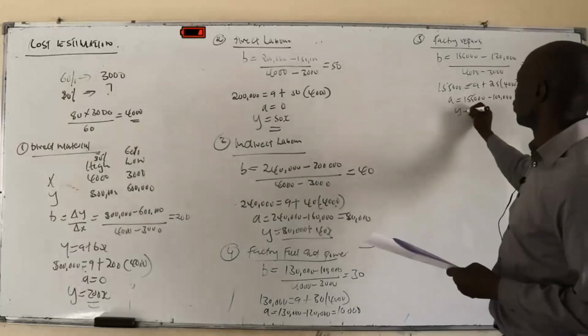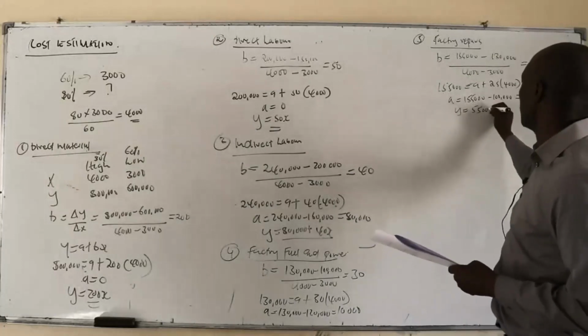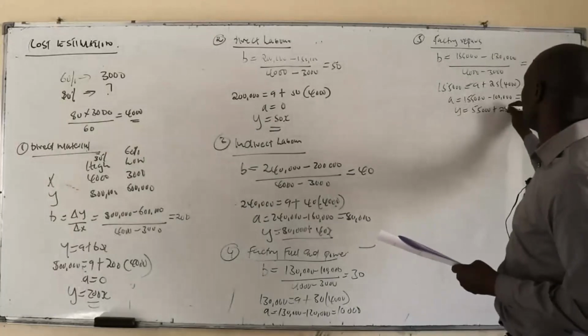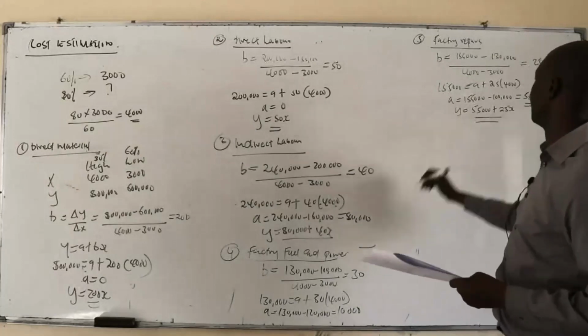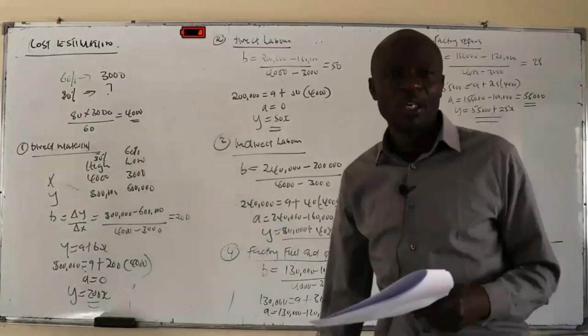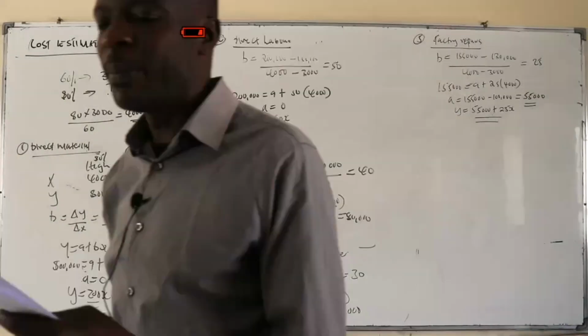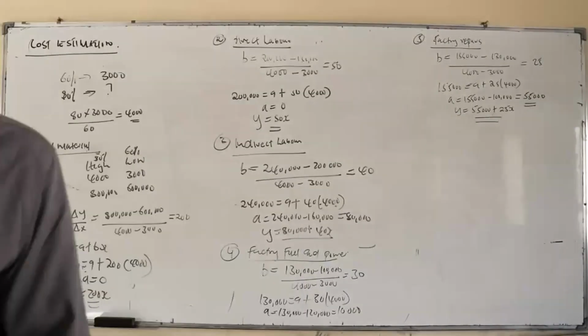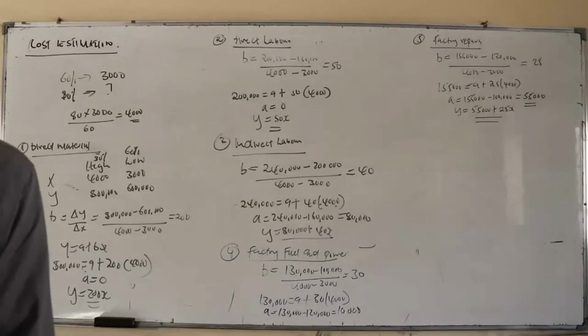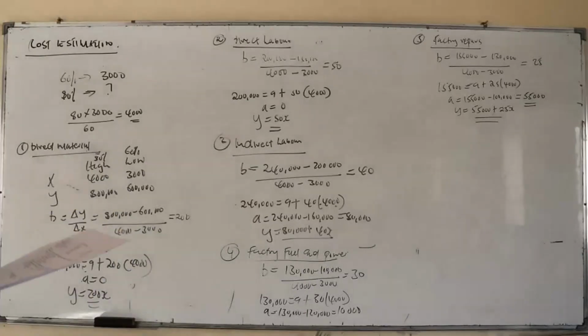So our estimation is going to be 55,000 plus 25x. So those are the equations they wanted us to determine. So that is number 1. Using high-low method, establish the cost equations in form of y is equals to.